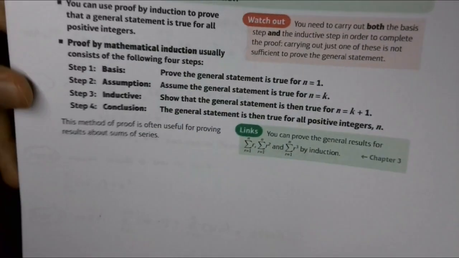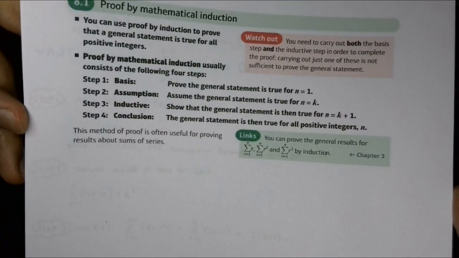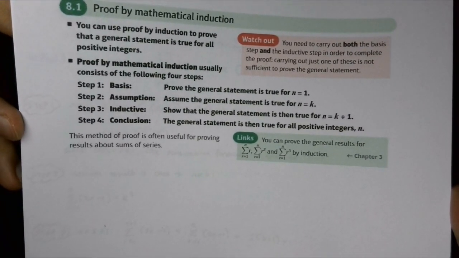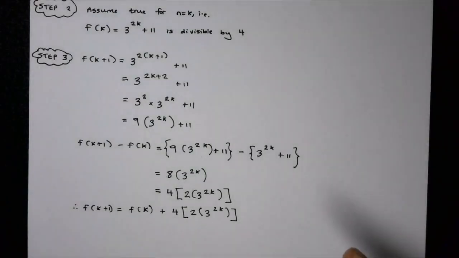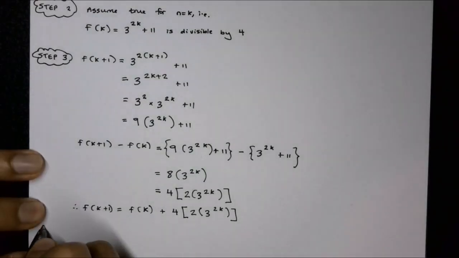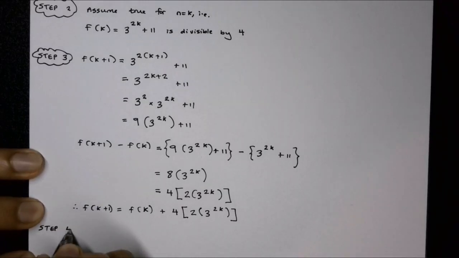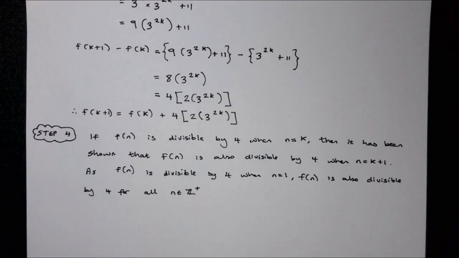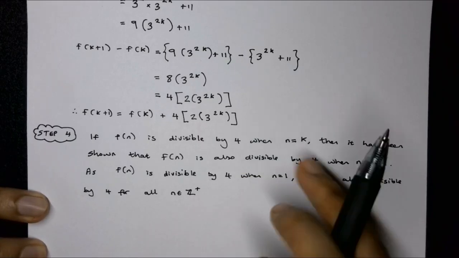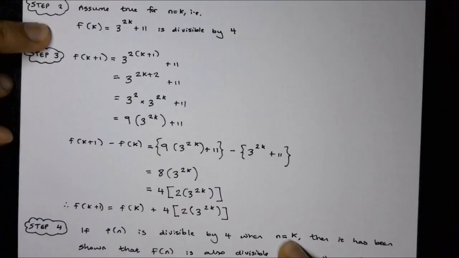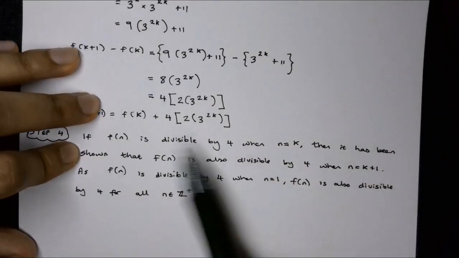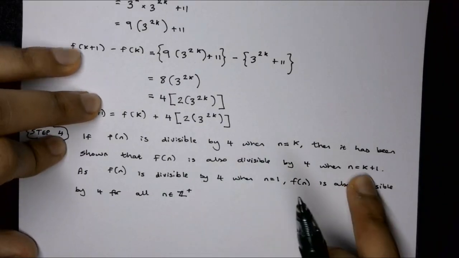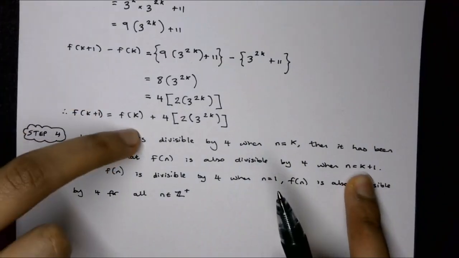So just as a reminder, that's just a general statement which tells us that the result is true for positive integers n. So therefore, for step 4, if we write down our conclusion step, if f of n is divisible by 4 when n equals k, so that's our assumption step in step 2 over here, then it's been shown through mathematical induction that f of n is divisible by 4 when n is equal to k plus 1, and we saw that in the third step over here.